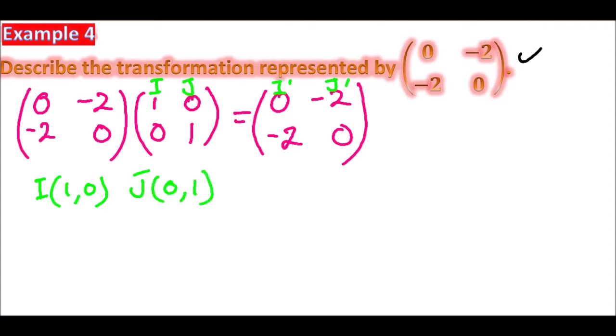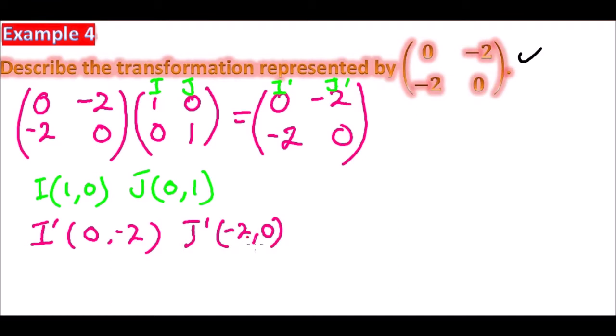The image I prime is 0, minus 2, and our J prime, or image of J, is minus 2, 0. So we are going to sketch this and see what happens to our unit square, and that is going to help us describe the transformation represented by that matrix.